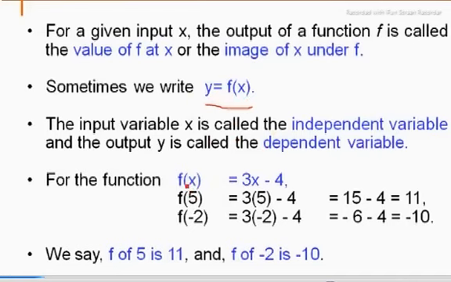For a function f of x defined as 3x minus 4, f of 5 is equal to 3 times 5 minus 4, and this gives us 11. Similarly, f of minus 2 is equal to 3 times minus 2 minus 4, and this gives us minus 10. So we say f of 5 is 11 and f of minus 2 is minus 10.